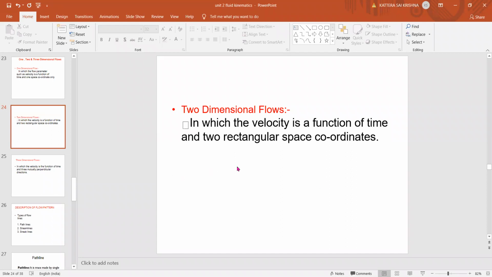So u equals f1 of x comma y, and v equals f2 of x comma y, and in the z direction we don't have any velocity, so w equals 0 in case of two-dimensional flow.